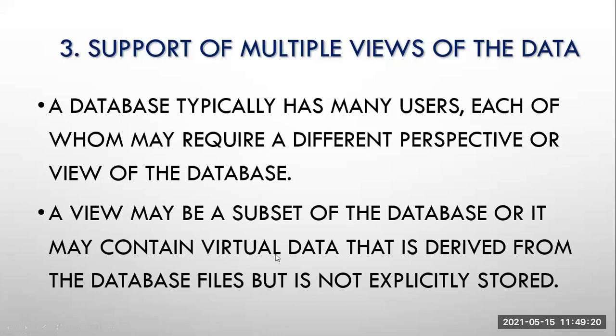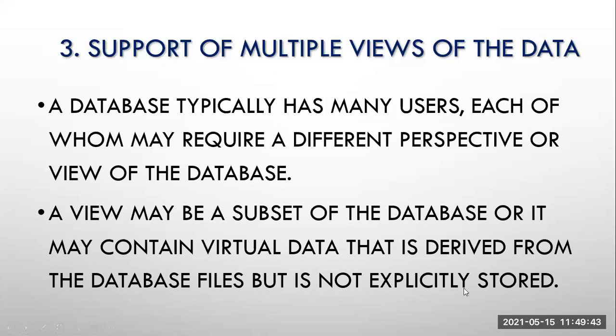Or it may contain virtual data that is derived from the database. Virtual means what? It is already there; how you want to view it is what is called virtual. That is derived from the database. The database is already there, you take from those files, but it is not explicitly stored.